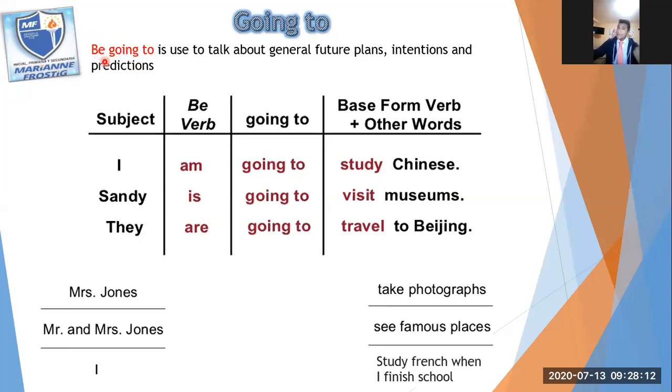El be es the verb to be, is, are, going to, and after the going to, the verb is in the base form. Teacher, what is the base form? En su forma básica, okay? Going to study, going to visit, going to travel.